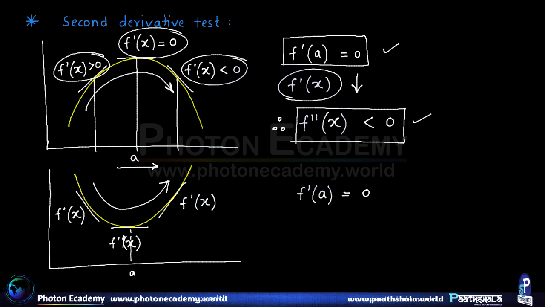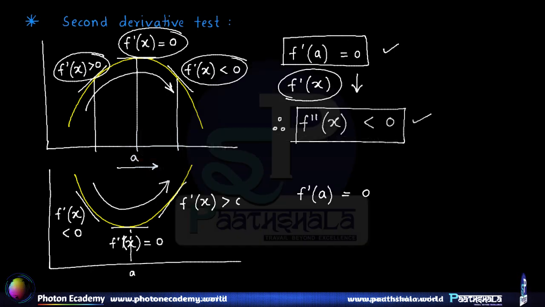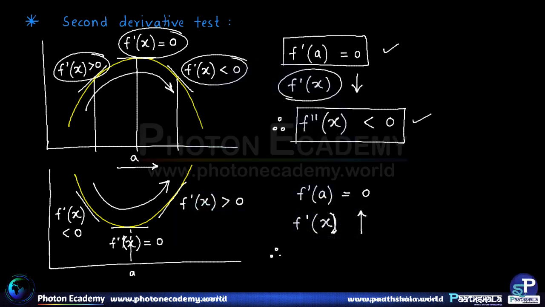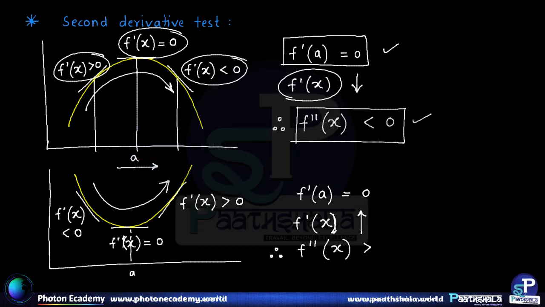To the left side, initially the first derivative was negative, then it becomes 0 at the point of minima, and to the right it becomes positive. So the first derivative is continuously increasing as we pass through the point of minimum. Therefore, if the first derivative is increasing, its derivative, the second derivative, must be a positive number.